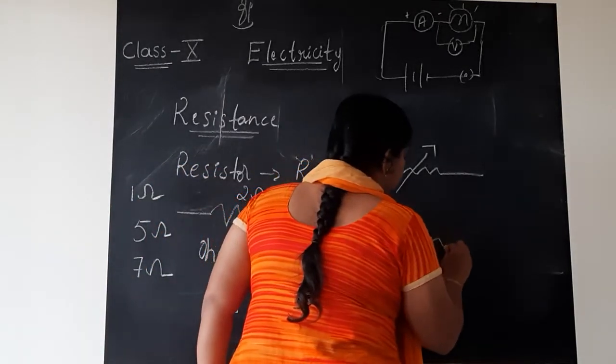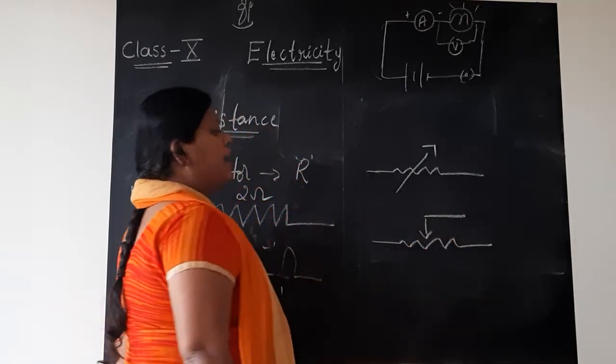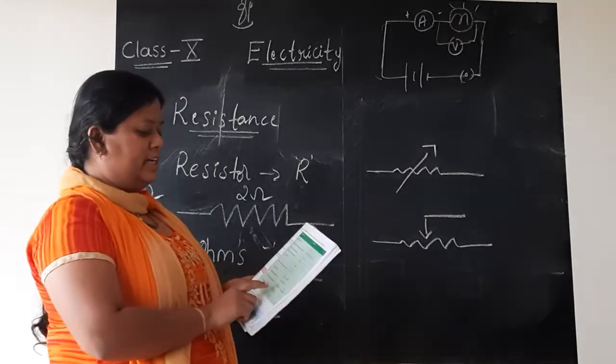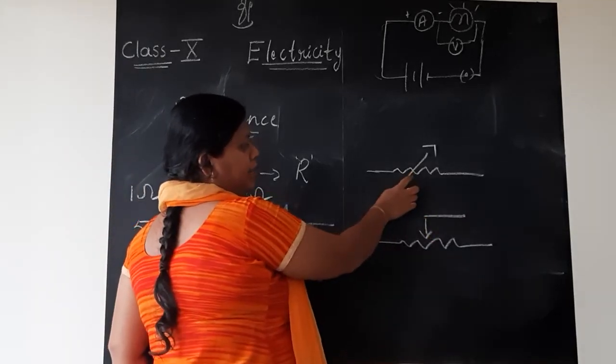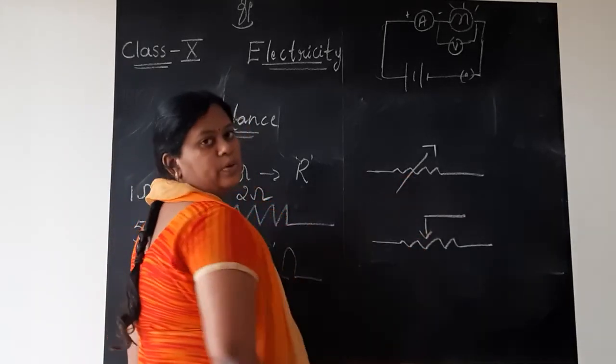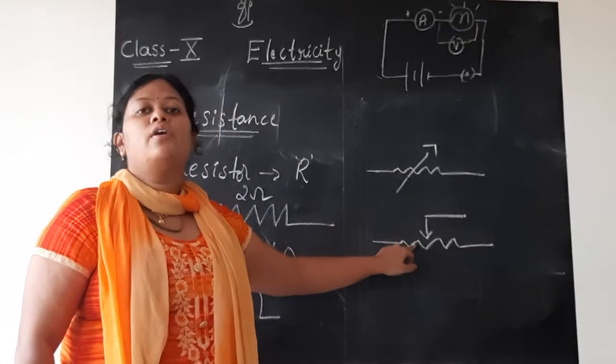One more way is showing the arrow mark like this. You can see it clearly in the textbook. So you can show it either by putting an arrow mark on it or in this way. Both mean the resistance is not fixed and it is varying.